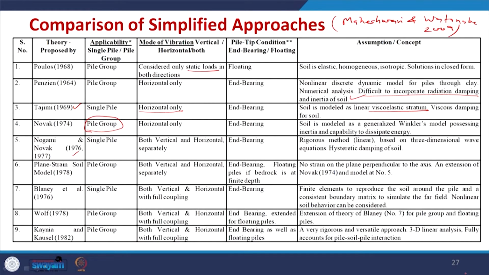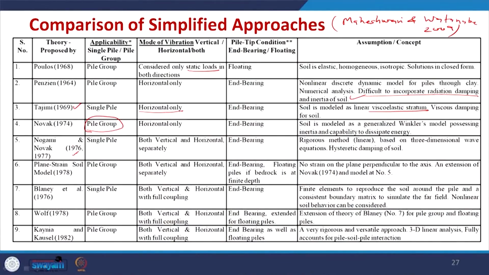So, Novak in 1974 considered the radiation condition as well as the inertial effect, though nonlinearity was not considered. This was the first work considering radiation and inertial effect, and it was later extended by many researchers including Novak himself.